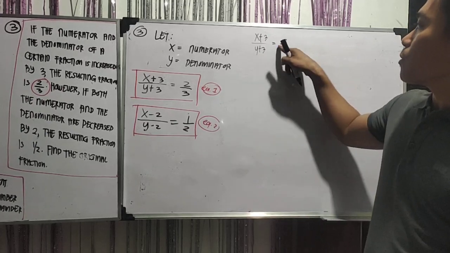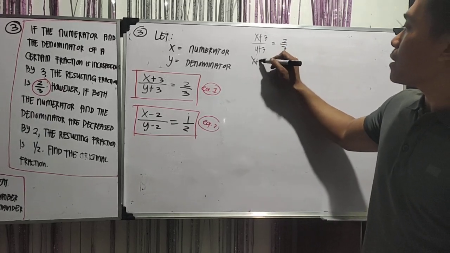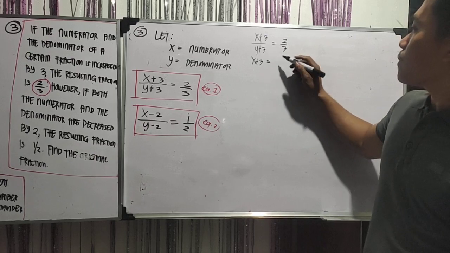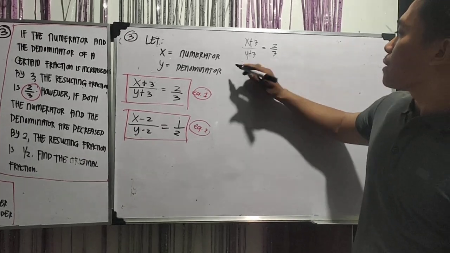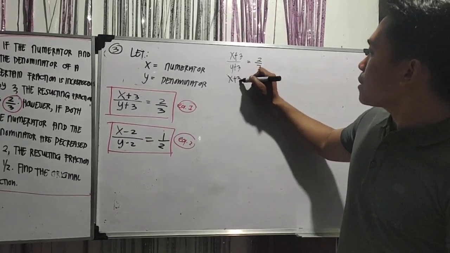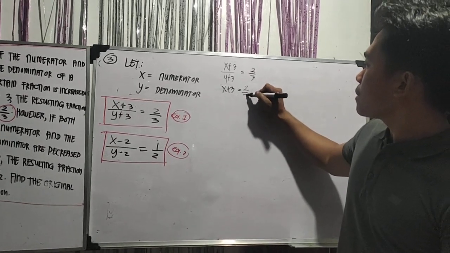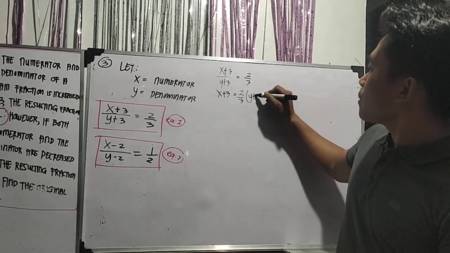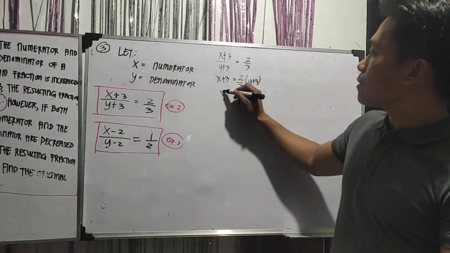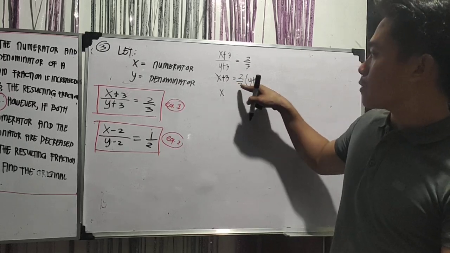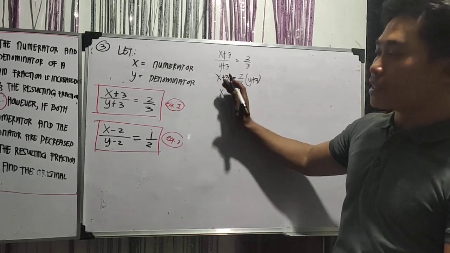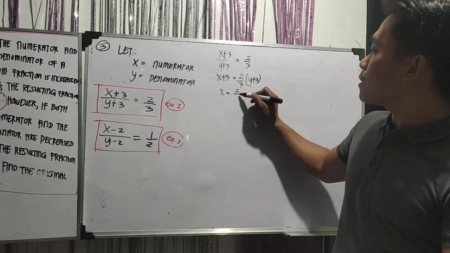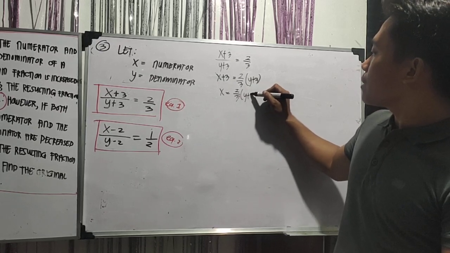Now, eto, multiply ko doon. So, x plus 3 is equal to 2/3 of y plus 3. Now, ngayon, yung x ko, i-express ko in terms of y. So, x na lang matitira dito. So, x is just 2/3 of y plus 3.